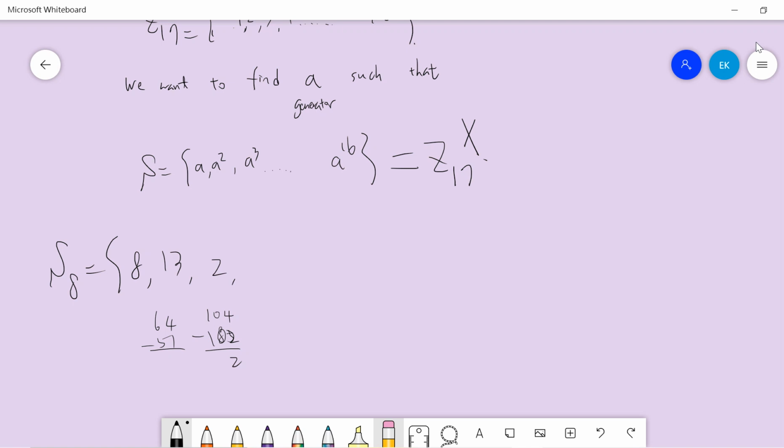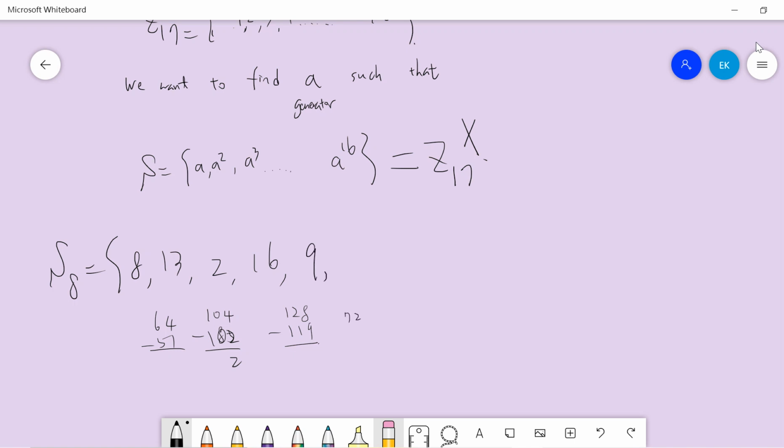And 2 times 8 is 16. And 16 times 8 is 128, modulo 17 is 9.